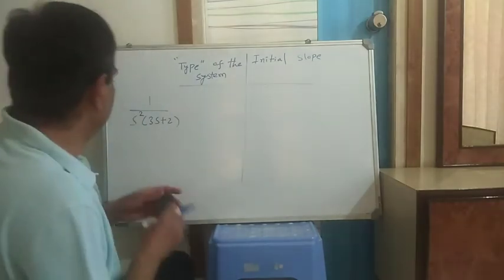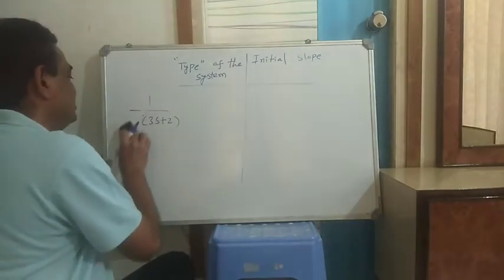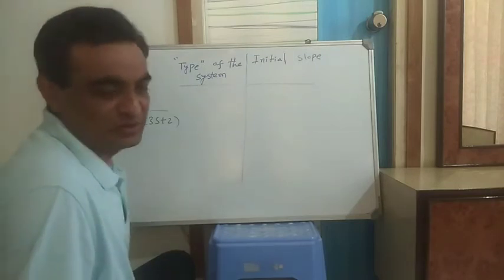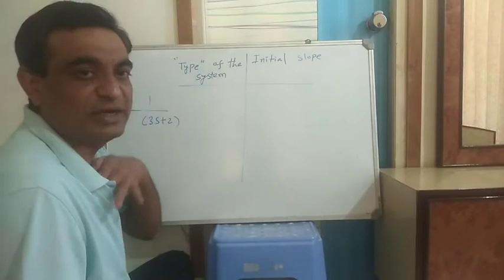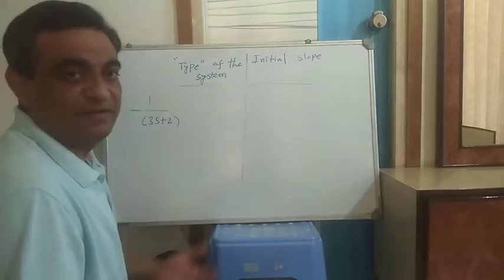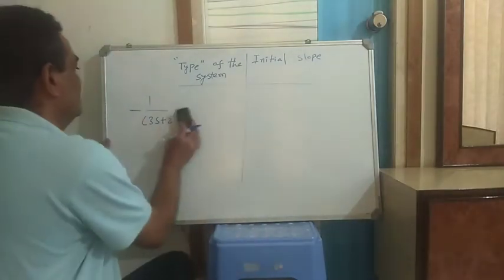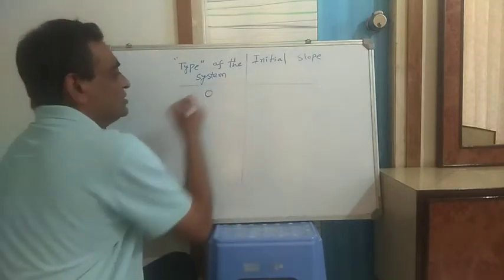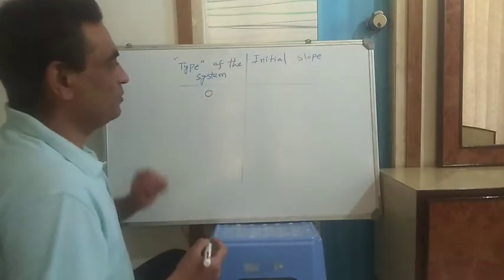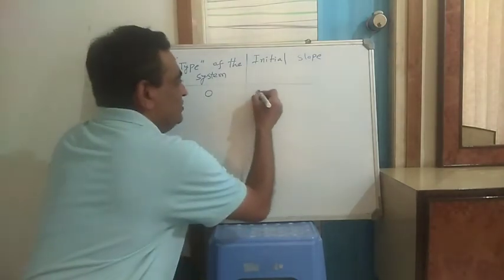If there is no pole at the origin, then it is a type 0 system. So based on the number of poles at the origin, we can define the type of the system. Now, for a type 0 system, the initial slope line is 0 dB per decade.